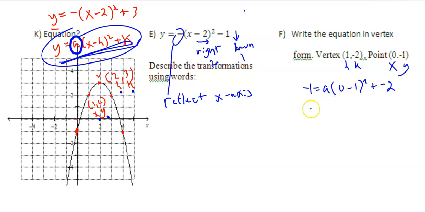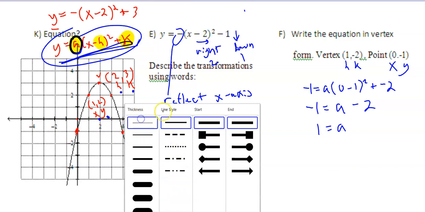So negative 1 squared is actually 1. So I get negative 1 equals 1 times a, or a, minus 2. Add 2 to both sides, I get 1 equals a. So now I know the a value is 1. So to write my equation, all you need is a, h, and k, and you should be able to write your equation. And we certainly know all of those right now.